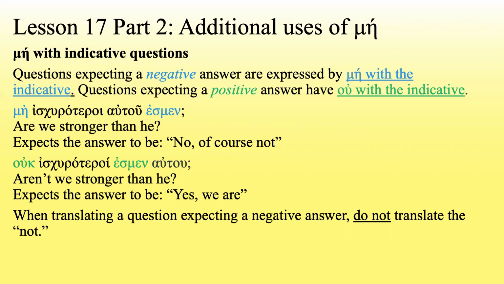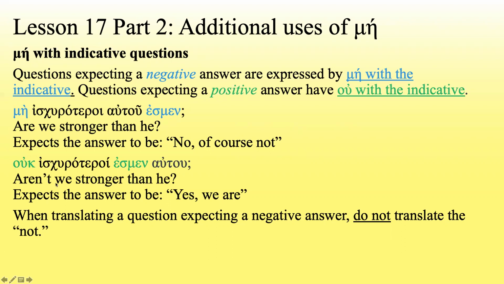When translating a question expecting a negative answer, in English, we are not going to translate the not. That's this one up here in the blue. If we said, aren't we stronger than he? In English, that's expecting the person to go, well, yeah, of course we're stronger than he is. In English, when we expect a negative answer, we ask the question without a negative. When we expect a positive answer, we ask the question in the negative.